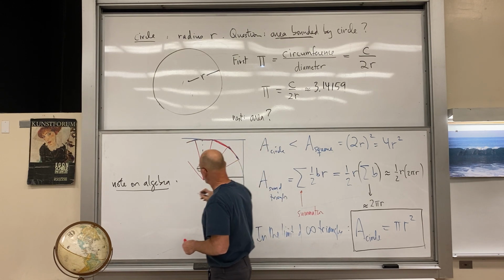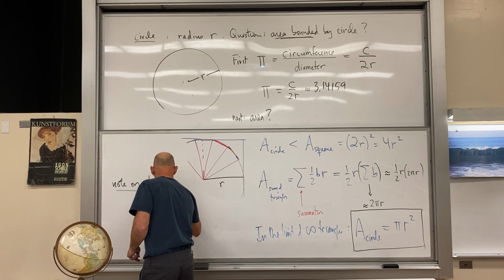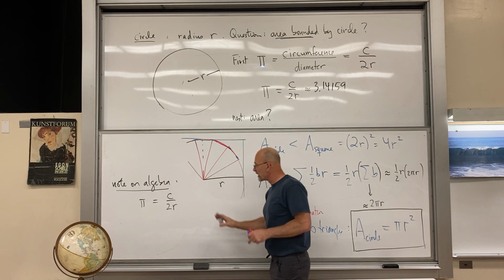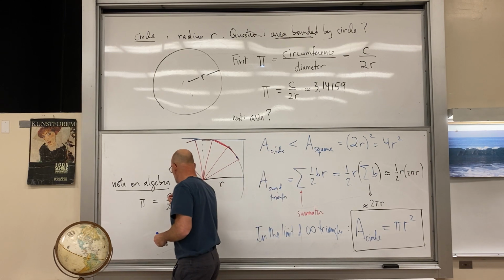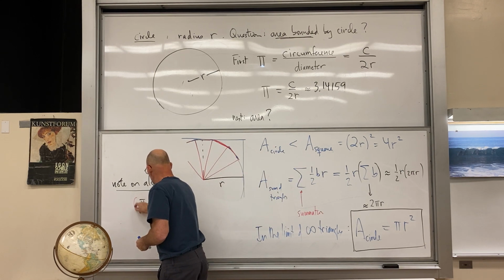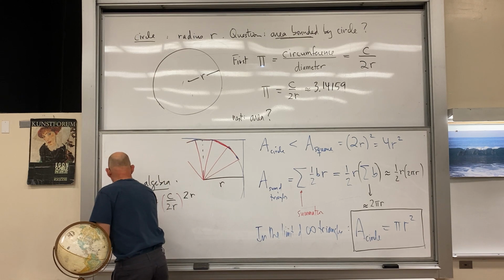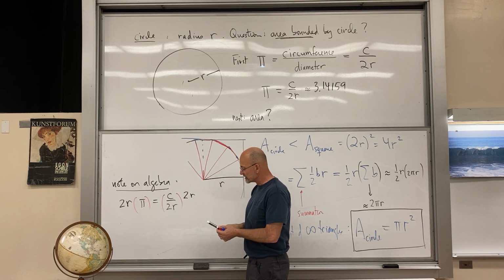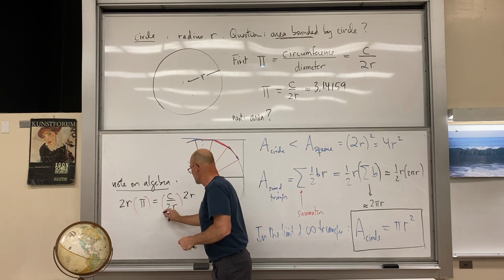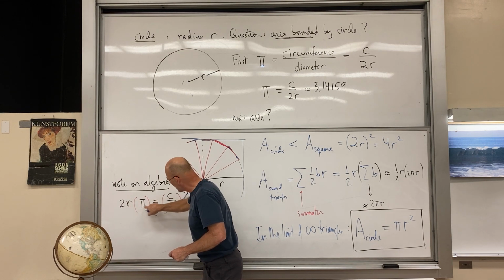So if I have pi as a definition of circumference over 2 times r, then I multiply both sides by 2r, and then of course on the right side 2r cancels, and I'm left with c equals 2 pi r.